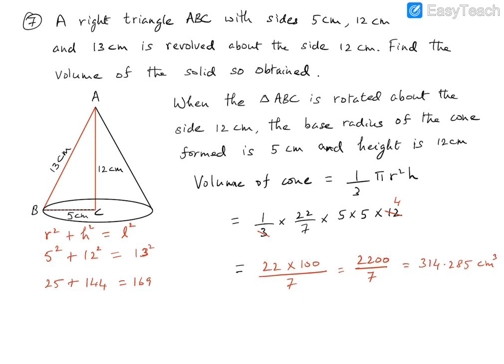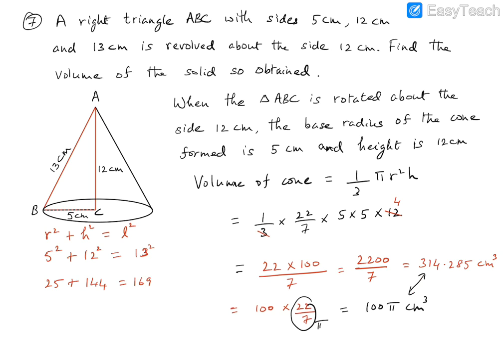We could have also kept the 22 over 7 as pi as it is. If we leave it as it is, it's the same as 100 into 22 over 7, and 22 over 7 is nothing but the value of pi. So we can simply keep the answer as 100 pi centimeter cube, and both these answers are the same.